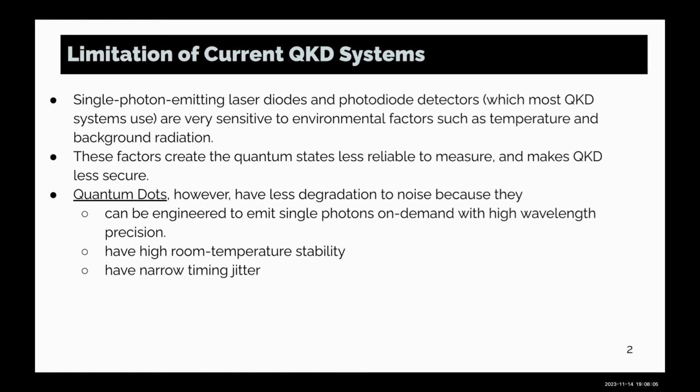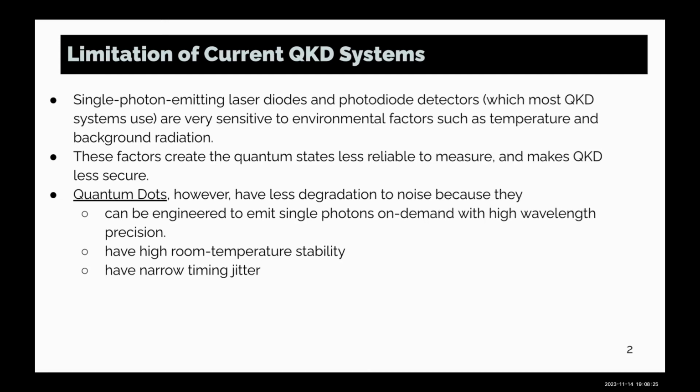Additionally, even expensive current technologies still have limitations in accuracy of emitted wavelength. QKD is meant to be done in the outdoors over large distances, so these environmental noise factors will inevitably play a big role. These factors will all make QKD less secure.